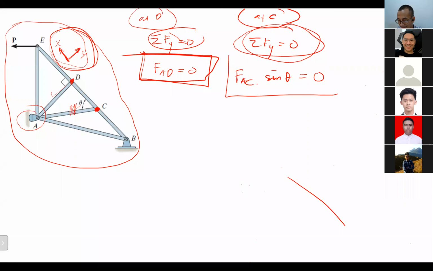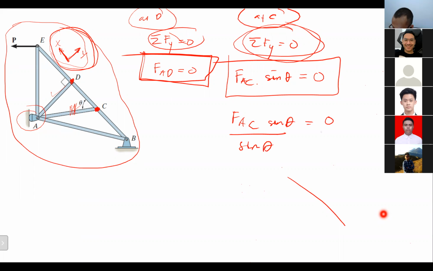You get it? So it's also a zero force member.